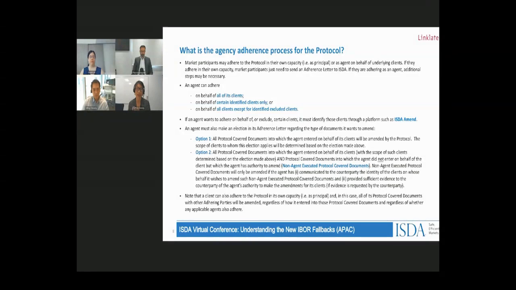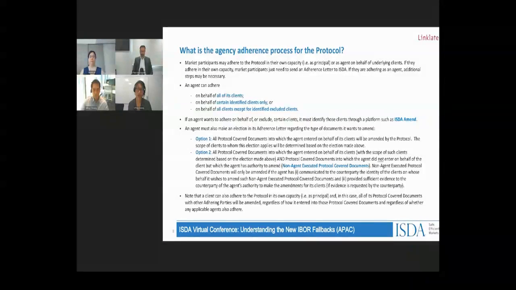If you want to do that, there are a couple of other steps that you have to go through. And how you would do that is literally by going through a platform. I think the speaker after me will talk about that. And that platform will be ISDA Amend, right? And the other thing you can do is also make an election regarding the type of documents that you want to amend.